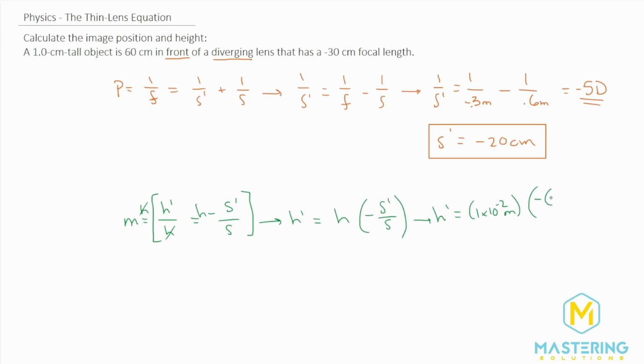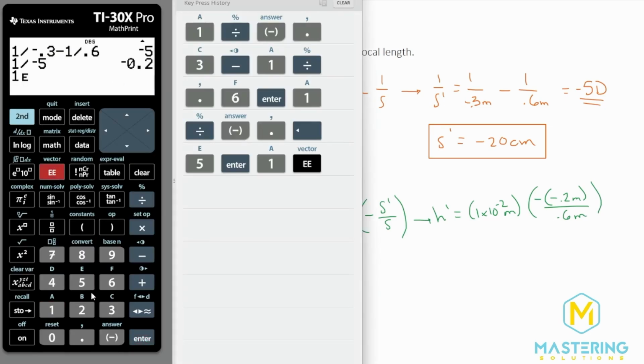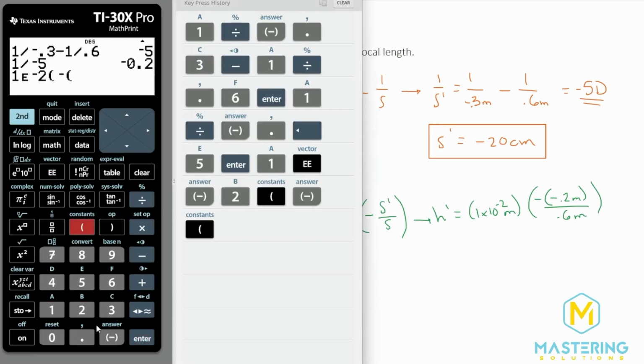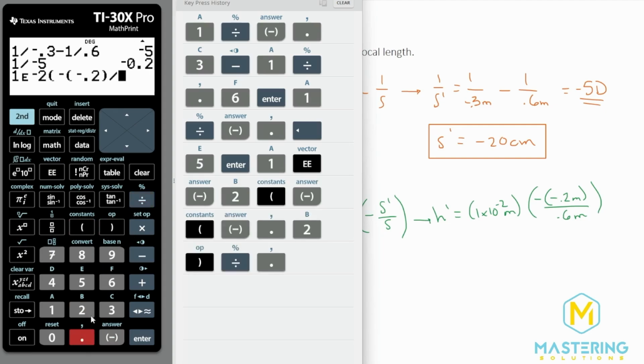But just remember that both of these negatives are important. So negative 0.2 meters, divided by the object distance, which we said was 60 centimeters, so positive 0.6 meters. So we have 1 times 10 to the negative 2 multiplied by a negative 0.2 meters divided by 0.6.